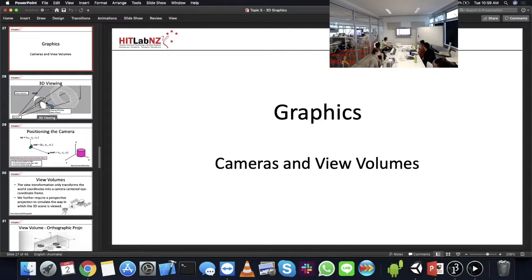Otherwise, we're going to move on to cameras and view volumes, because they're quite important as well. So to date, everything that we've talked about has effectively been theoretical geometry. When we talk about having a 3D model or something in the environment, or even a primitive, really all we're talking about is a bunch of numbers.